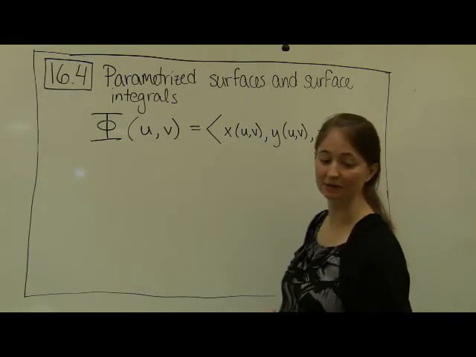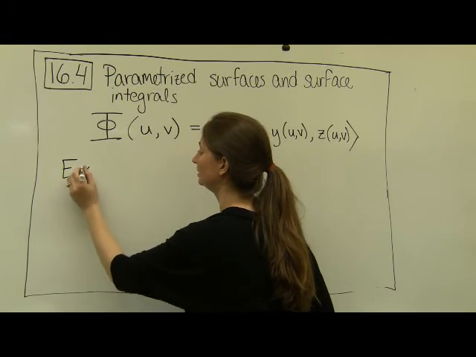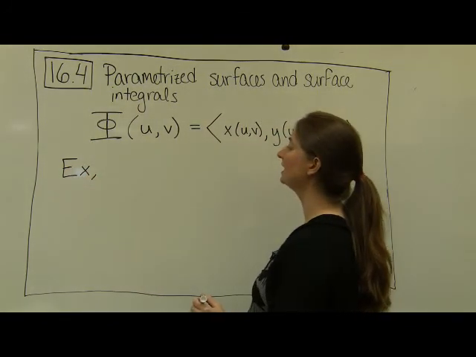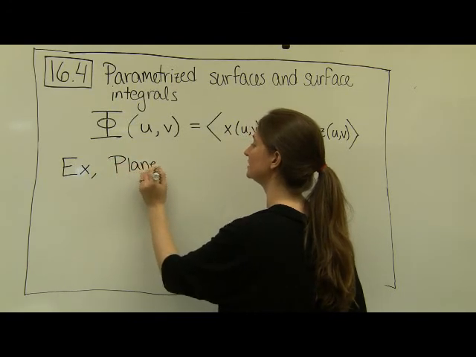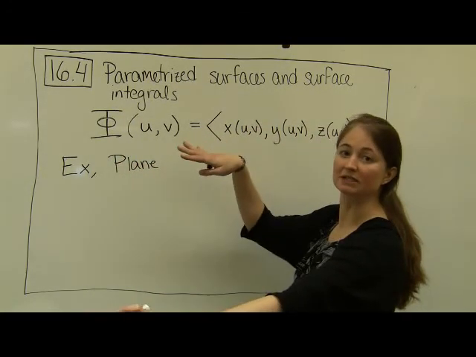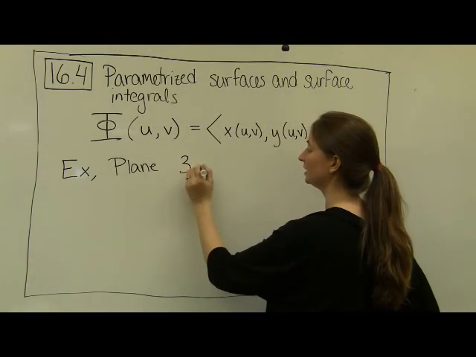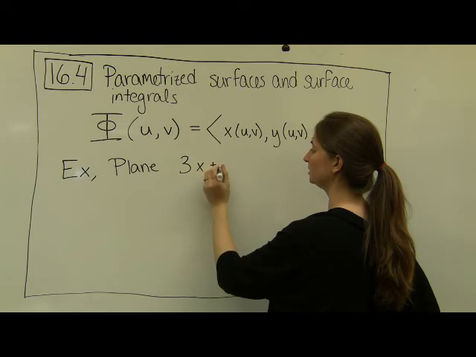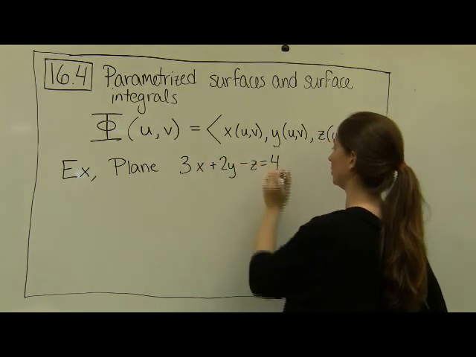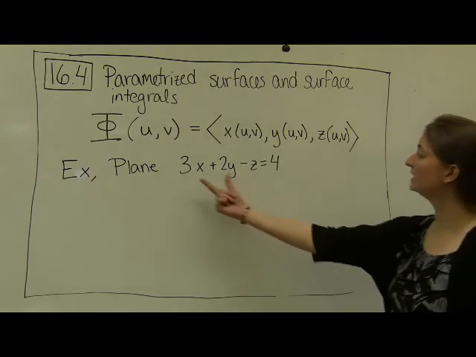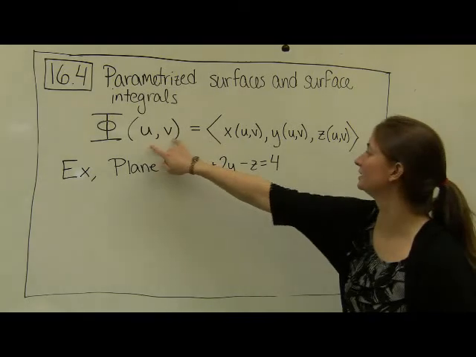Let's see a quick example of something that looks like this. Let's say that I have a plane. A plane is a type of surface. A surface is something that's of two dimensions that's out in three-dimensional space. So let's say I have the plane 3x plus 2y minus z equals 4. And instead of writing it in terms of x, y, and z, I want to be able to write it in parametric form.